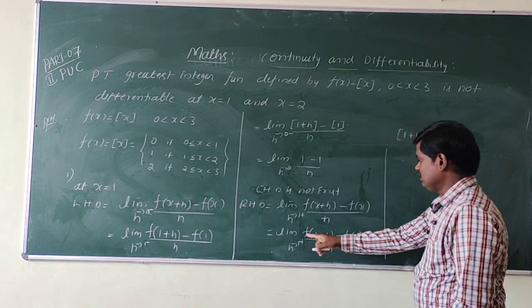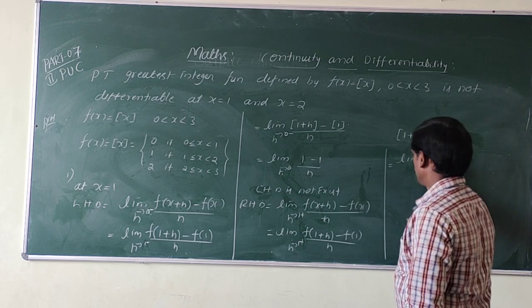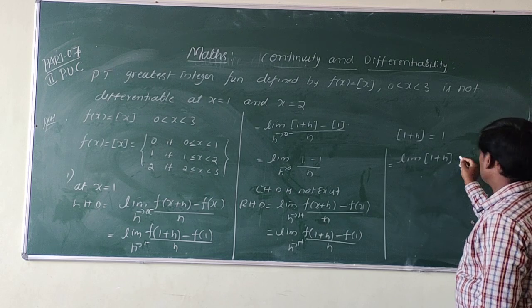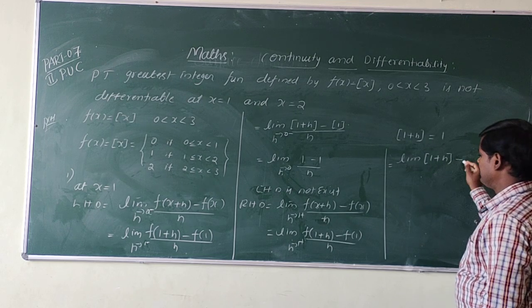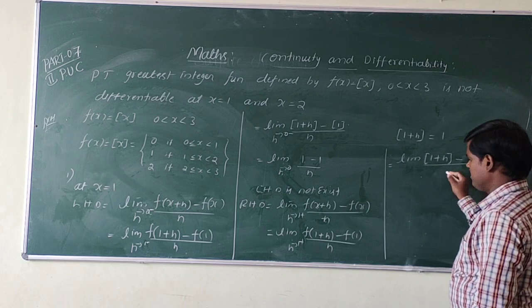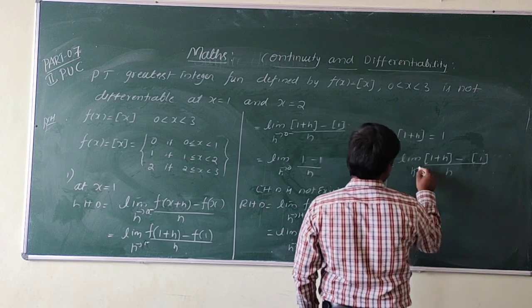Here f of 1 plus h is equal to bracket of 1 plus h, minus f of 1, which is again bracket of 1, divided by h as h tends to 0 plus.